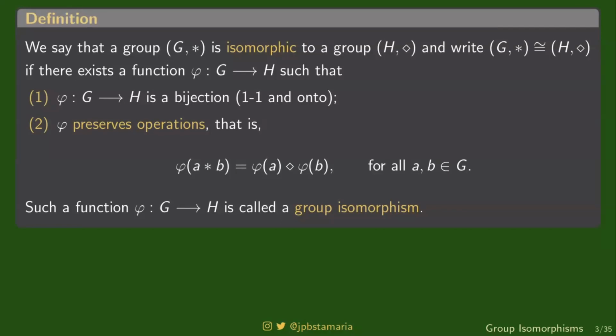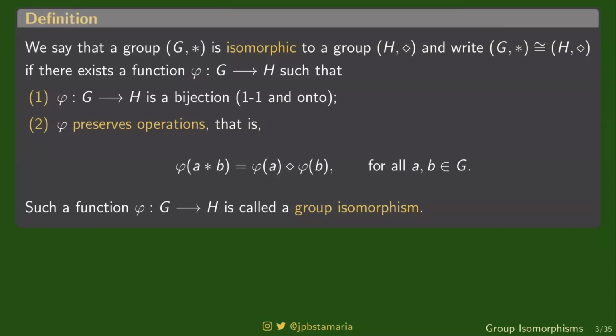Sabi, if you can establish a function, I denote the function by phi. Now the function phi goes from G to H, where anong klaseng function ito? Syempre hindi lang naman basta-basta function. Number one, phi must be bijective. When you say bijective, 1-to-1 and onto.